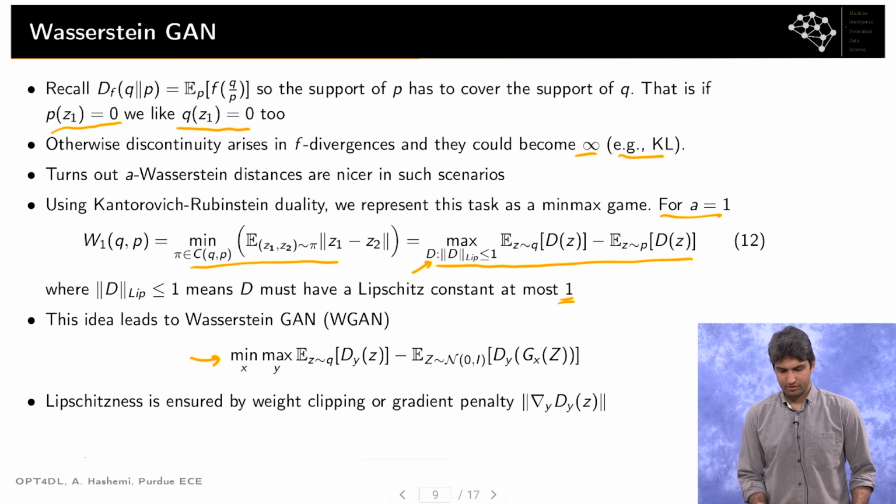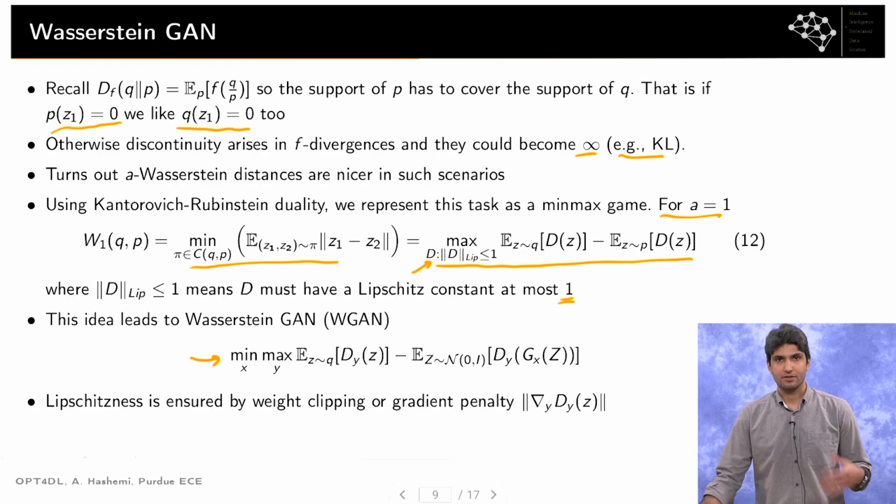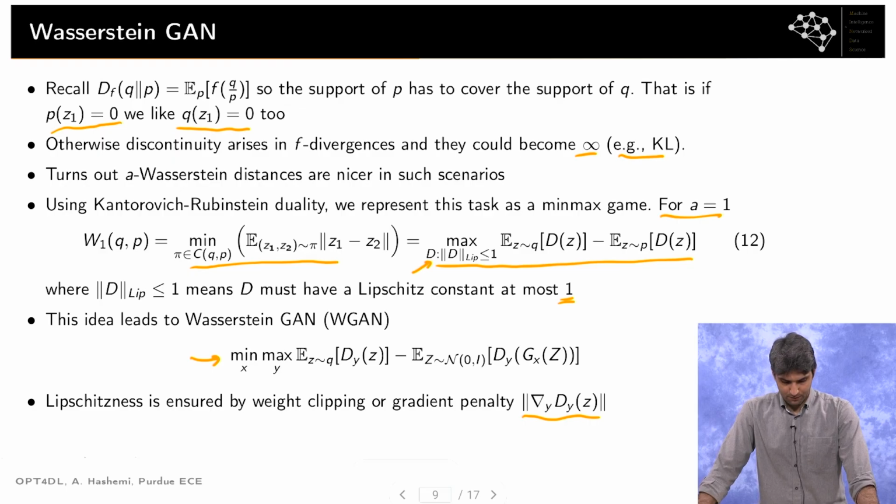Okay, so again, Lipschitz essentially describes how large the norm of the gradient is. So if I introduce some gradient penalty in my min-max game, or perform some form of clipping, I'm gonna implicitly ensure that the Lipschitzness constraint is satisfied.